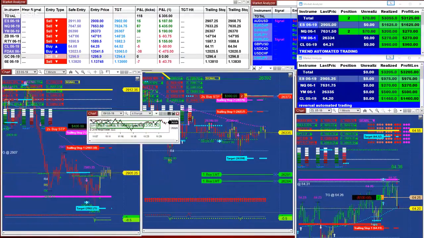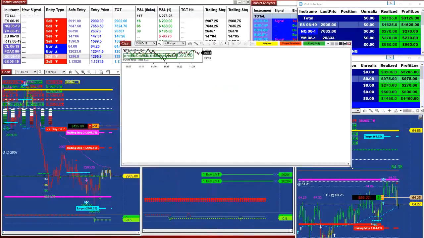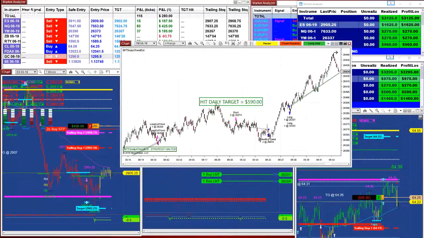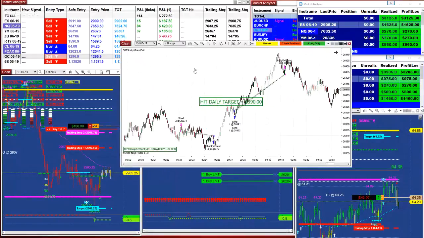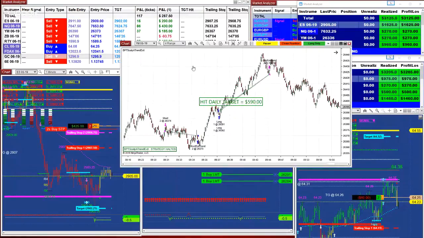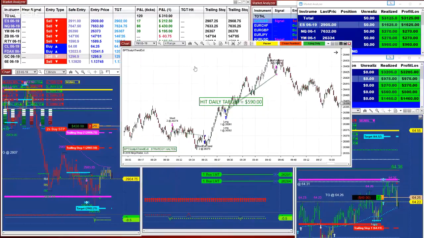On the 4 range, one, two, three trade on the 4 range, and you were done. 590. This is not bad at all. I like the range.